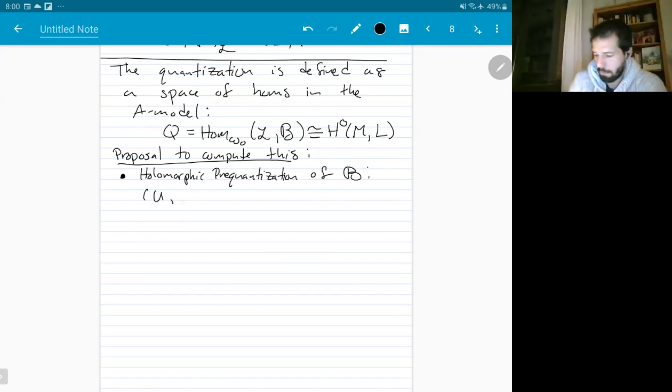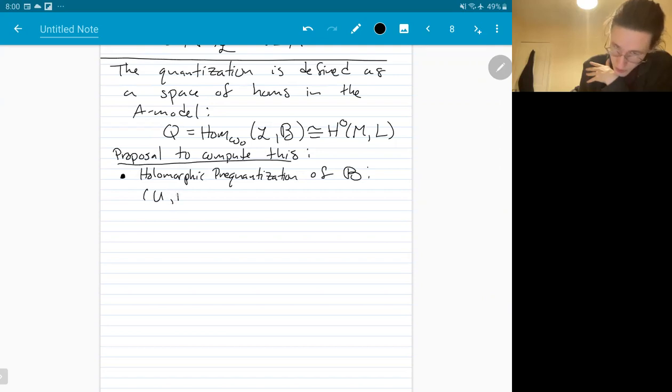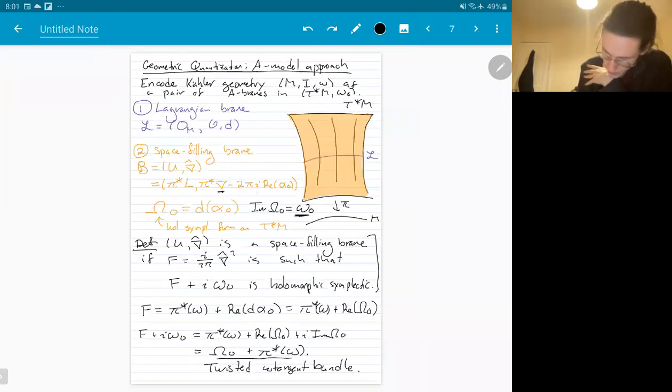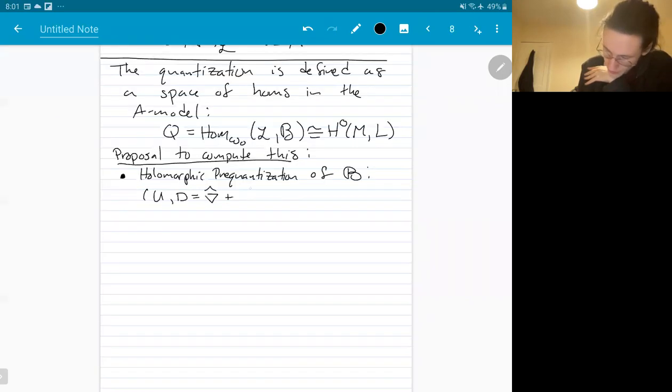So we take U, but instead of having nabla hat, we take D, which is nabla hat plus the real part of alpha. Now we'll add the imaginary part of alpha naught. In other words, this is the pullback of L, and the connection is the pullback of nabla minus 2 pi i alpha naught.